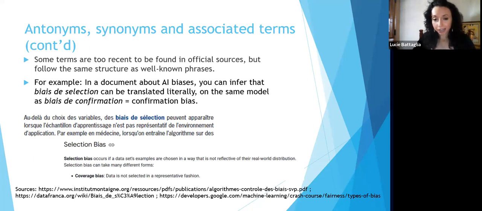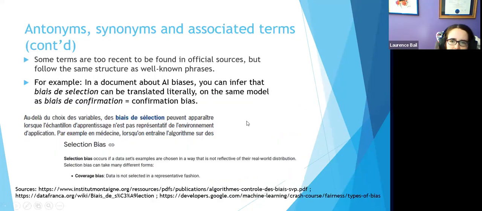So based on my knowledge of other biases like biais de confirmation, confirmation bias, I was able to infer that biais de sélection would be a selection bias. And then I validated to see if we actually say that in English, and yes, selection bias happens if a data set's examples are not chosen in a way reflective of the real world.